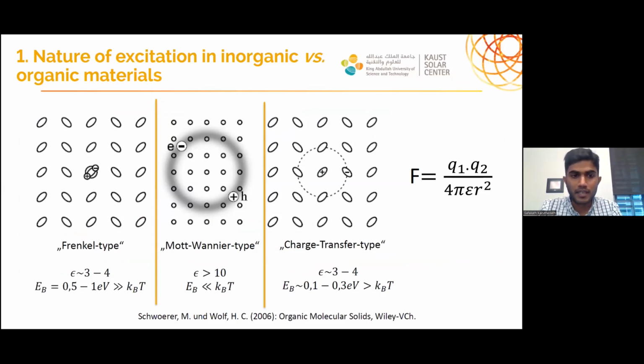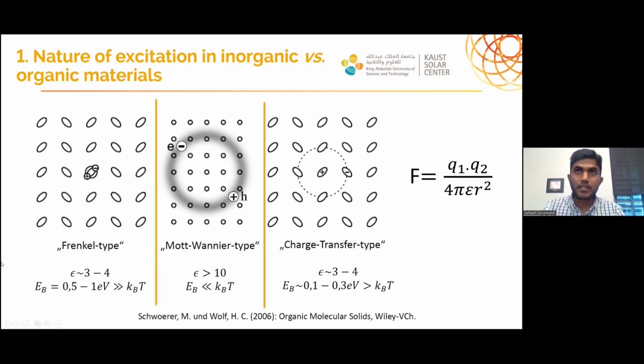When a photon is absorbed by an organic semiconductor, due to its intrinsic properties, such as very low permittivity, it forms a bound excited state, which we call a singlet exciton. It is very tightly bound, called Frenkel type.